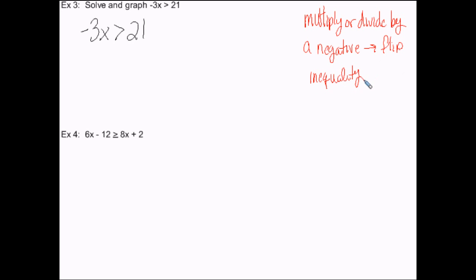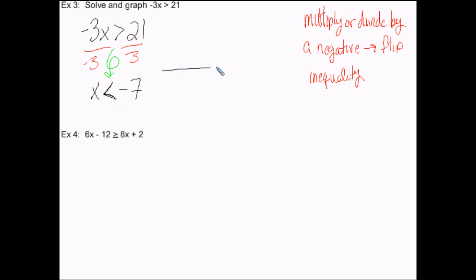So I'm going to divide both sides by -3, which is going to give me an x and a -7. Then I have to flip that over and make it a less than. The reasoning being is because whenever you multiply or divide by a negative, you're switching sides of the number line. So you have to switch sides of the inequality.